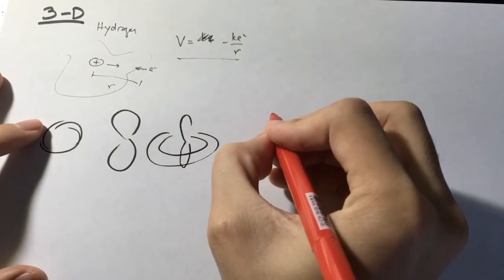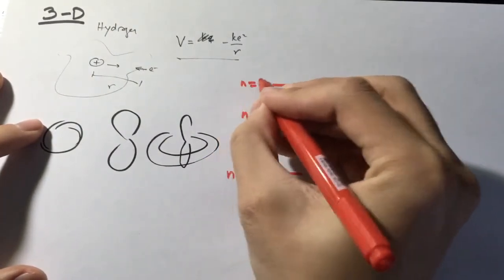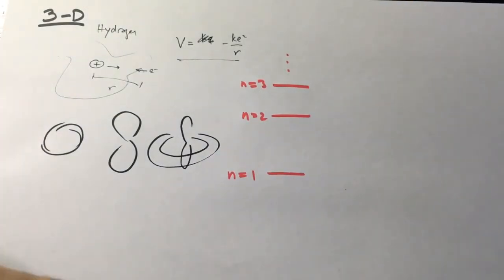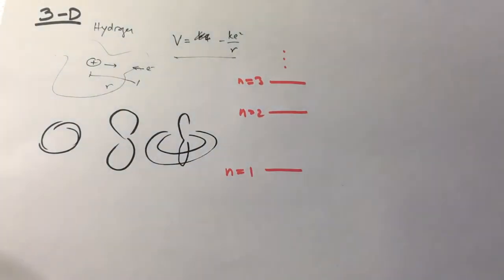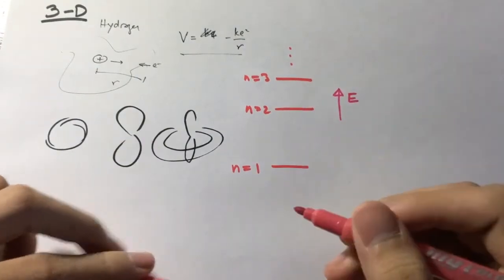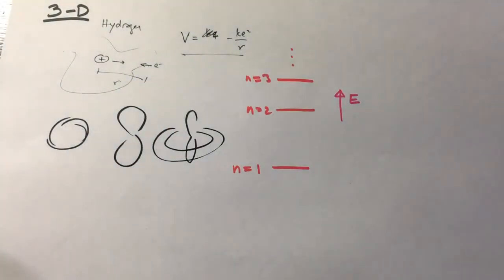But then there will be other energy levels as well, n equals 2, n equals 3, and so on, upwards. But the most important thing is that, unlike in classical mechanics, these energy levels, with increasing energies, end up being discrete, or quantized.